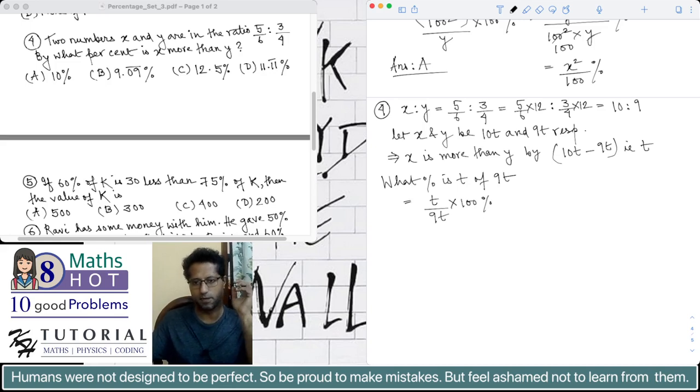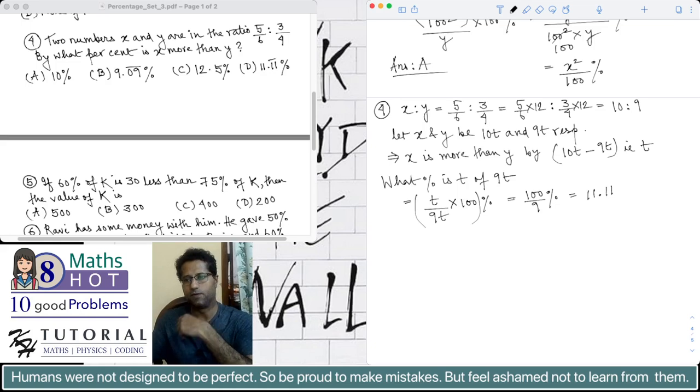The t's cancel out and we have 100 by 9 percent. If you divide 100 by 9, it is 1, then 1 again, 1, 0, 1. So 1 1 1 1, it will go on having 1.